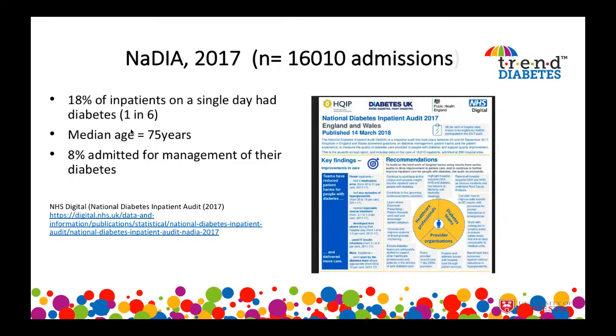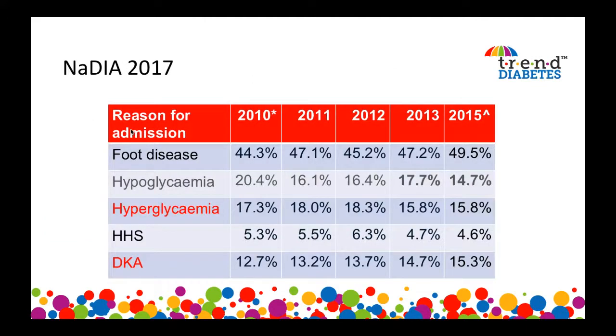So I'm going to show you a slide which tells you what they were admitted for. This nice summary gives us 5-year data, and I'll just talk it through. If you can see the first column, which is foot disease, can you see that we haven't reduced admissions for foot disease up until 2015, which was the last time this was collected in this sort of table form.